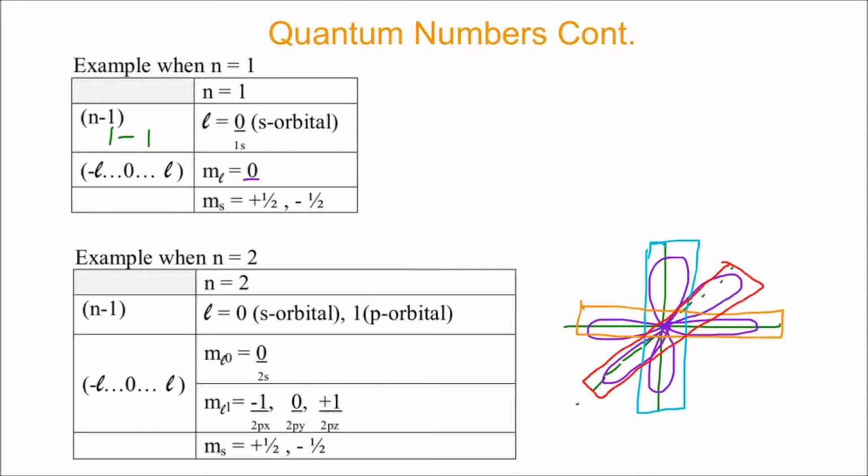Alright, so that means that there's a total of 6 electrons that could be in those orbitals. So maybe we've got one here, here, here, here, and here. There's our 6 electrons flying around, okay?